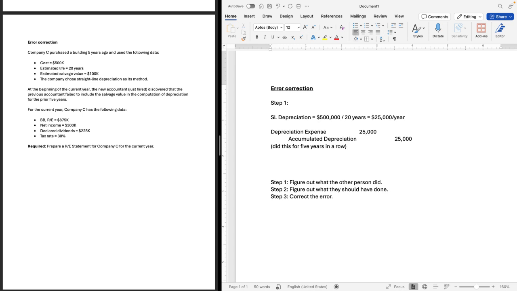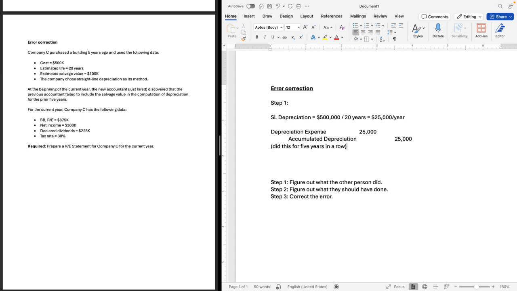So this is a mathematical error, not an I used the wrong account error, which is like my earlier example, where I was using the wrong account. In this one, somebody's just making a math error, right? So you can't assume that they used the wrong account. You can't assume they debited cash and credited accumulated depreciation because nothing in the problem suggests that. So again, don't overthink it. Don't start looking for things that aren't there.